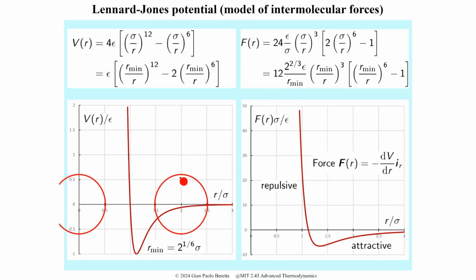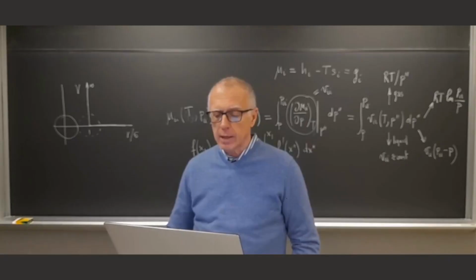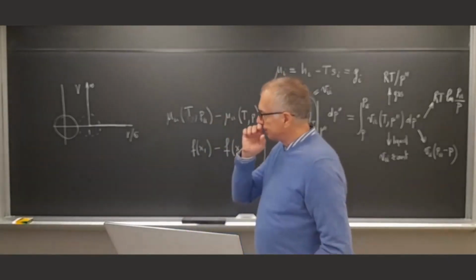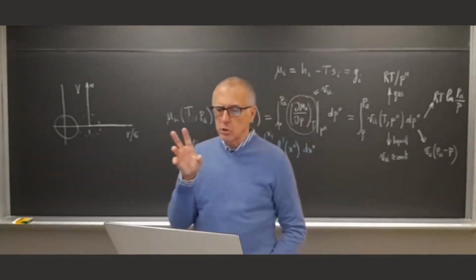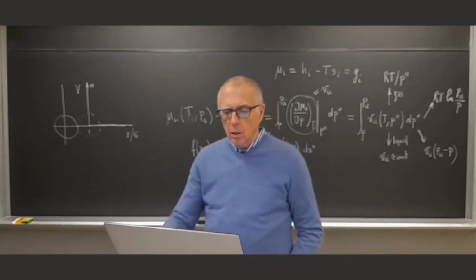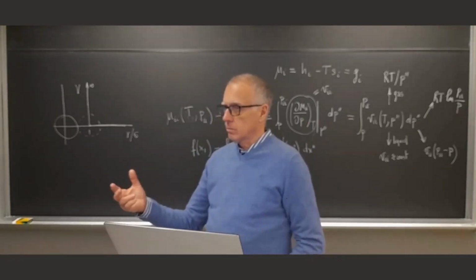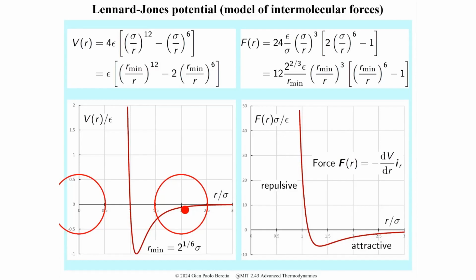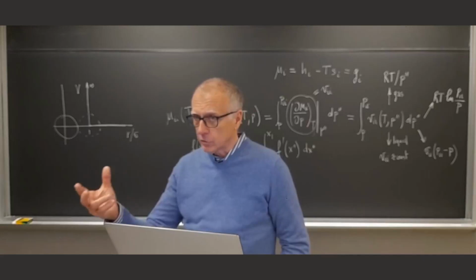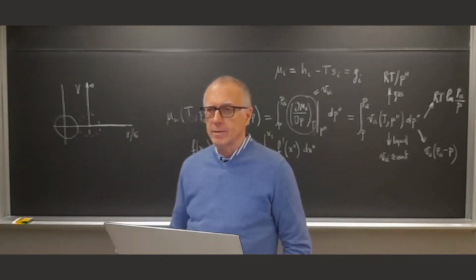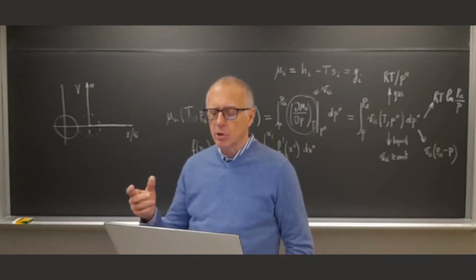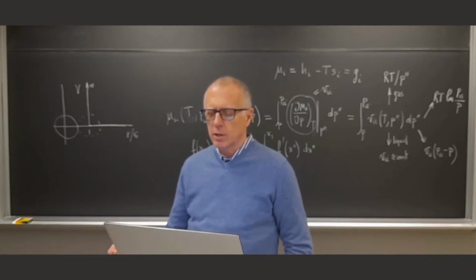But let's return to this case here and now consider two important regimes. One regime is the ideal gas, the gas regime. It's true that the molecules of the gas very often, billions of collisions per second.